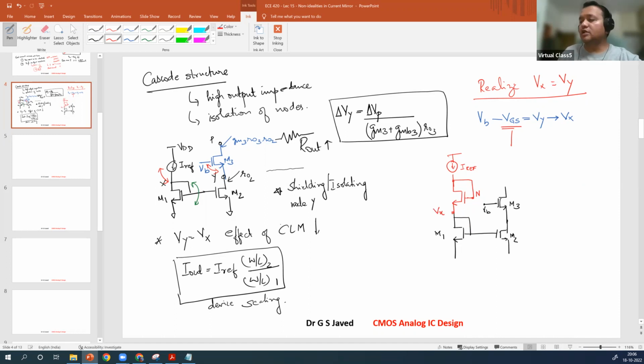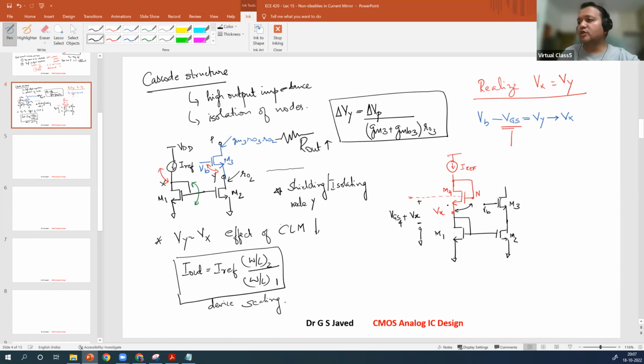Now, what is the value at the gate terminal of the M4 device? If this is plus and you connect minus to ground, what is this value here? This value will be VGS4 plus Vx. So this is the device.